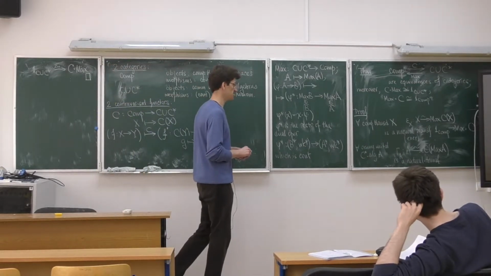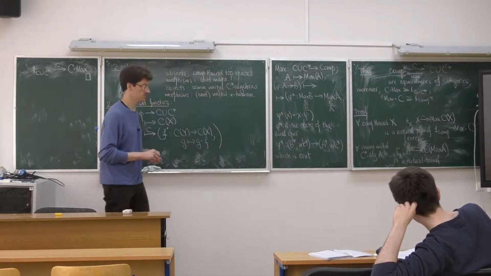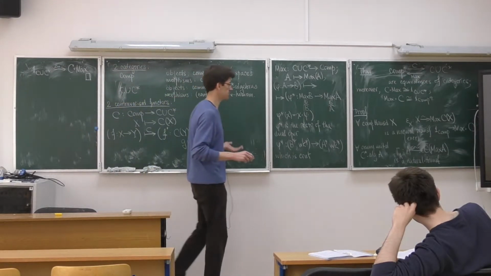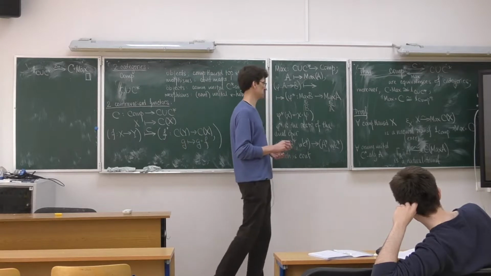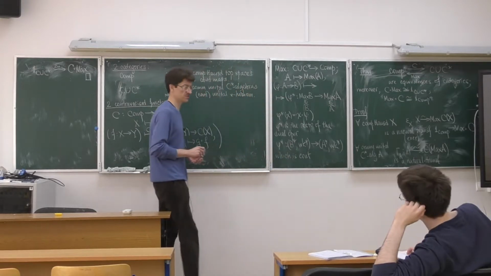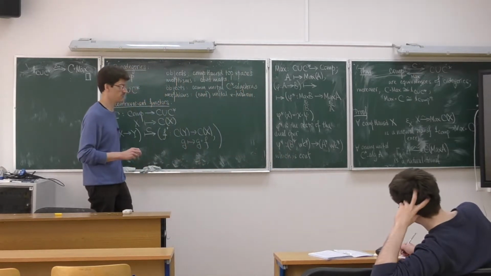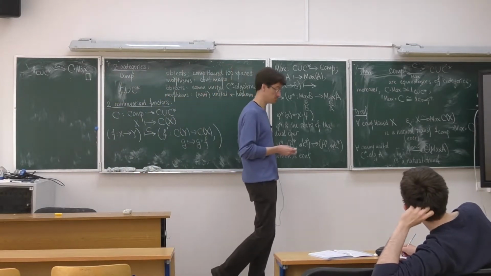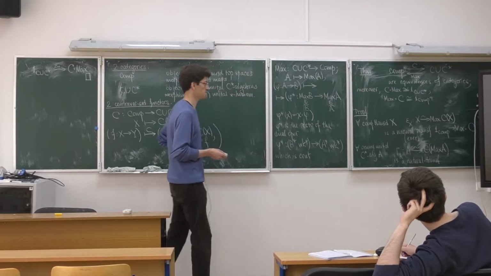Well, this may seem paradoxical because no one knows what a non-commutative compact space is. Actually, we can define non-commutative compact topological spaces as objects of the category which is dual to the category of unital C-star algebras, not necessarily commutative.